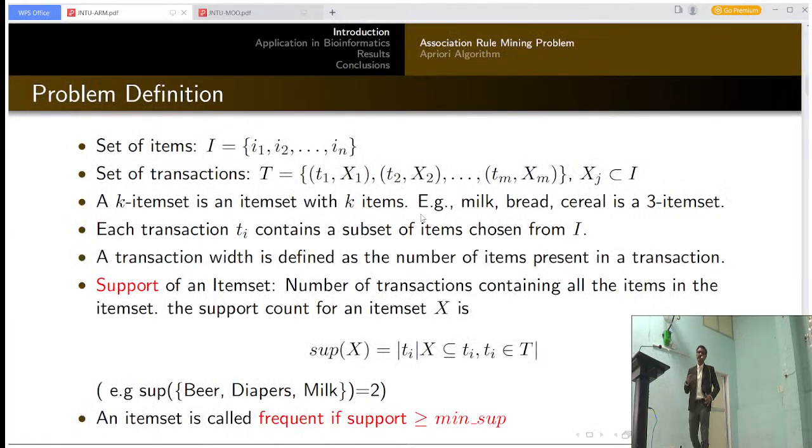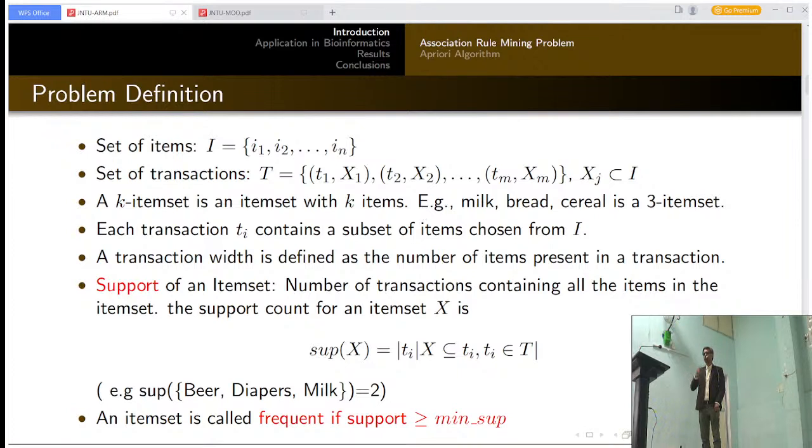So similarly, given any item set, we can count in how many transactions this item set has been purchased. That will be called the support of the item set. And I will call an item set a frequent item set if, given a threshold value of the support, which we call minimum support and which is generally a user input to the problem, its support is greater than or equal to that threshold.